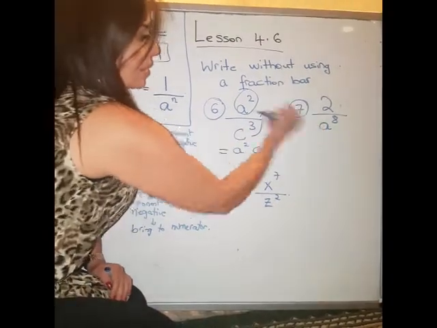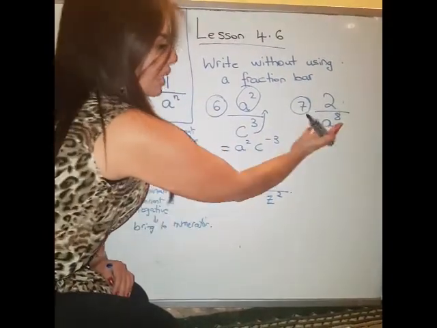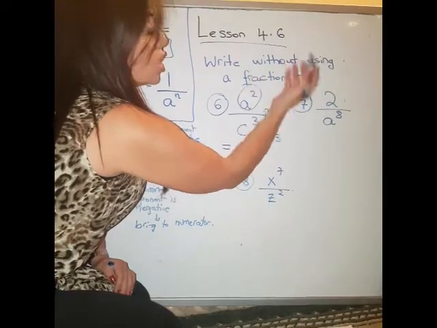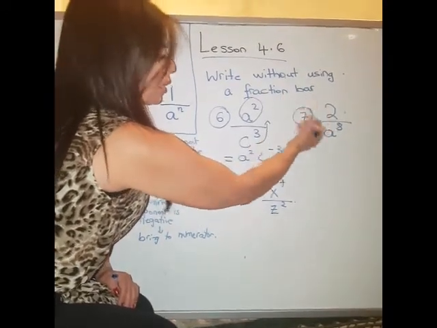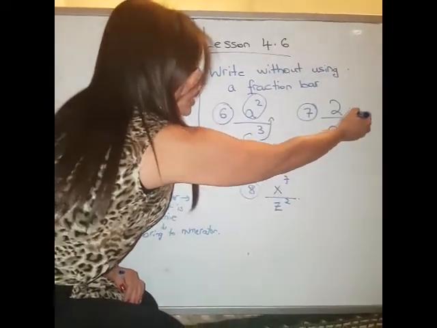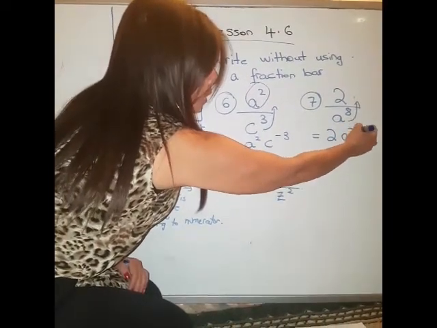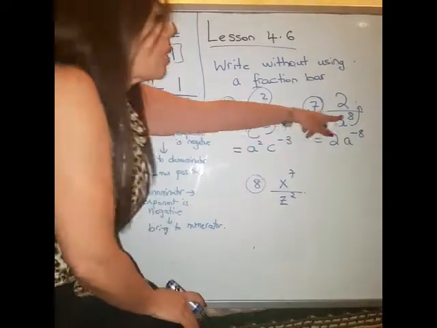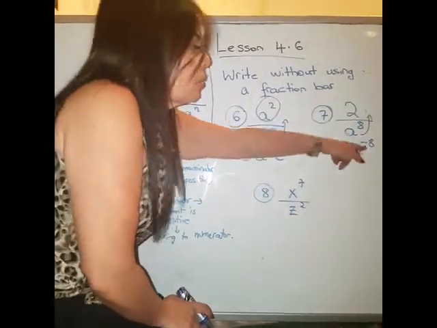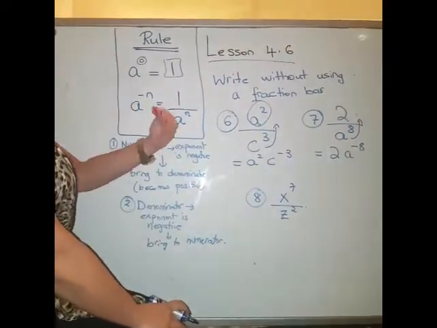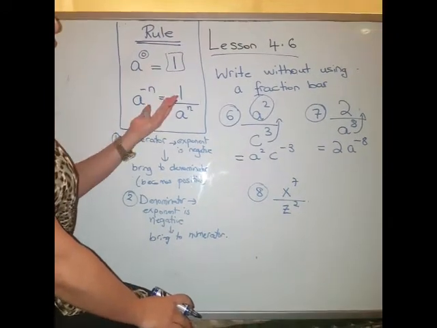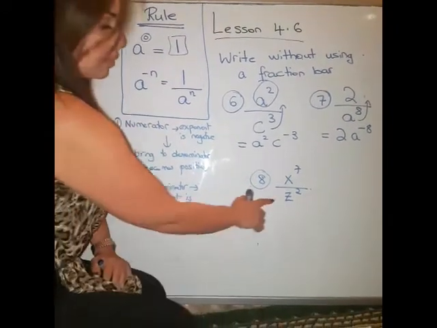Let's see the second example. Number 7. Again, I need not to use a fraction bar, meaning no fractions. I need to take this to the top, 2a^-8. Because it's positive, I took it to the numerator, it became negative. If it was negative, I take it to the numerator, it becomes positive. Okay? The same thing here.